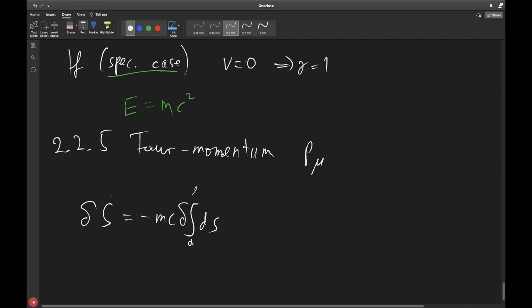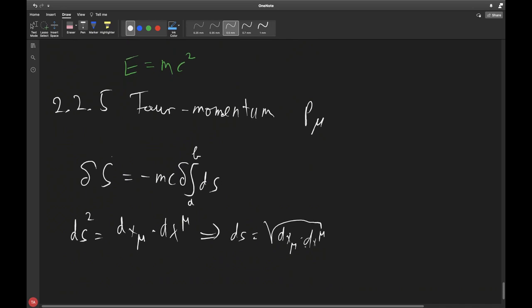And we're going from point A to point B. You should also remember that ds squared was dx_mu down times dx^mu up. So from this, ds itself is just the square root of dx_mu times dx^mu.